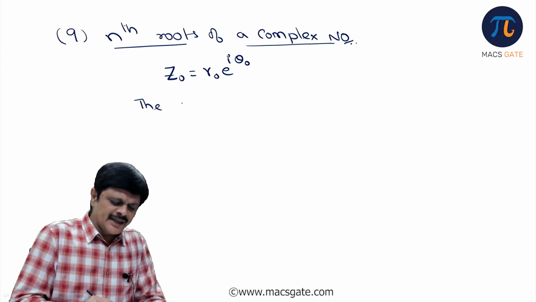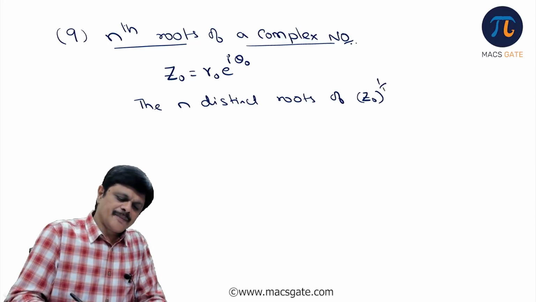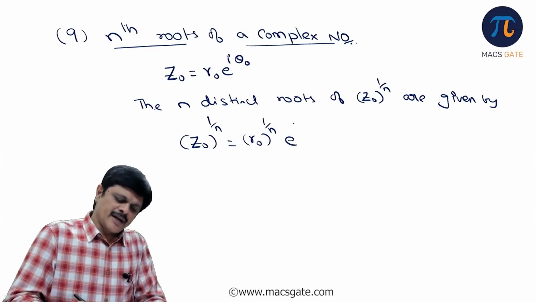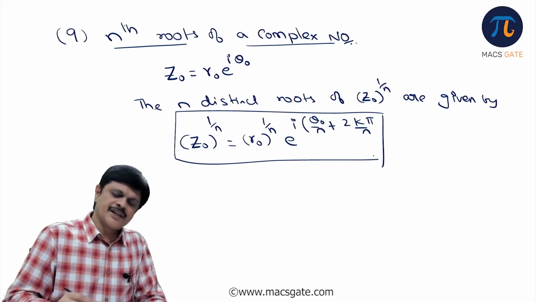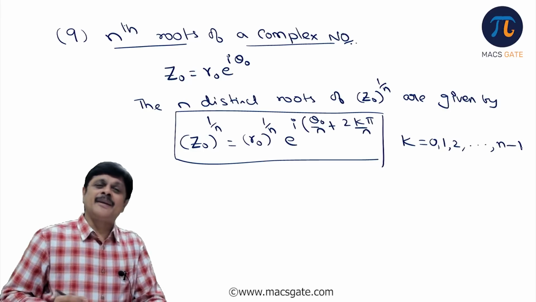The n distinct roots of z0 power 1 by n are given by z0 power 1 by n equal to r0 power 1 by n, e power i (theta naught by n plus 2k pi by n), for k equal to 0, 1, 2 and so on up to n minus 1.